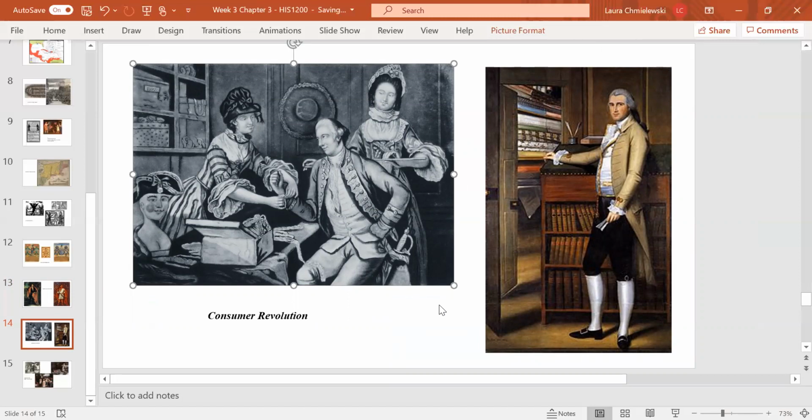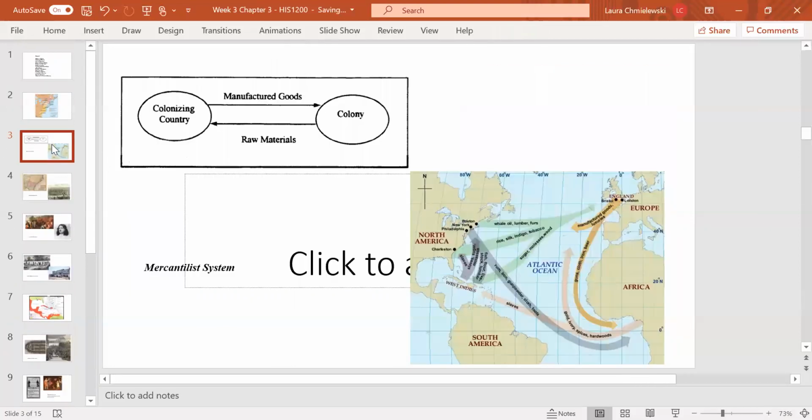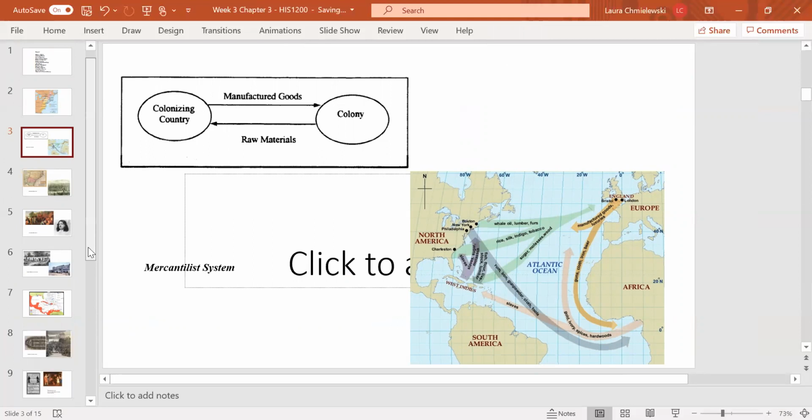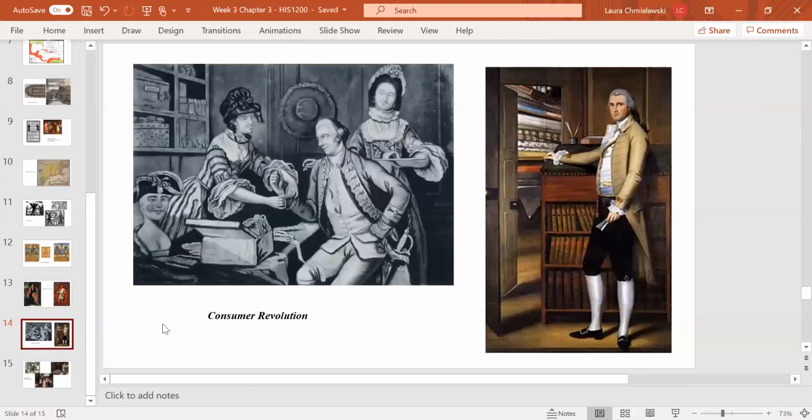When I was talking about mercantilism at the beginning of this presentation, using this slide up here, I talked about how finished goods came back to the colonies and they were sold in the colonies very cheaply so that people could consume them, so that people would find them accessible to purchase, and so that England could manufacture more and more and sell more and more, and that would make more money for the mother country overall.